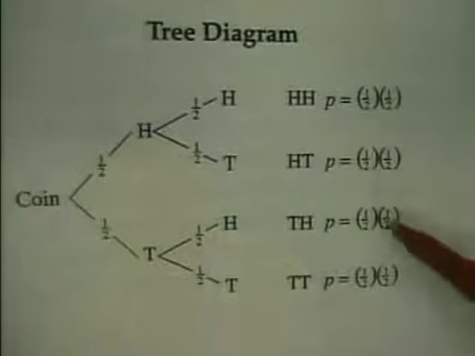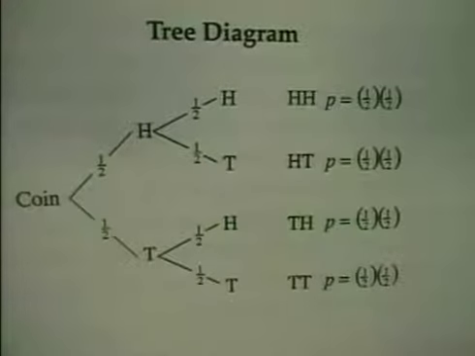So you get 1/4 here, 1/4 here, 1/4 here, and 1/4 here, and we would say the probability of head, heads, a head and a head, is going to be the product of those two individual probabilities. That is under a very restricted condition, but we call that a multiplication rule.